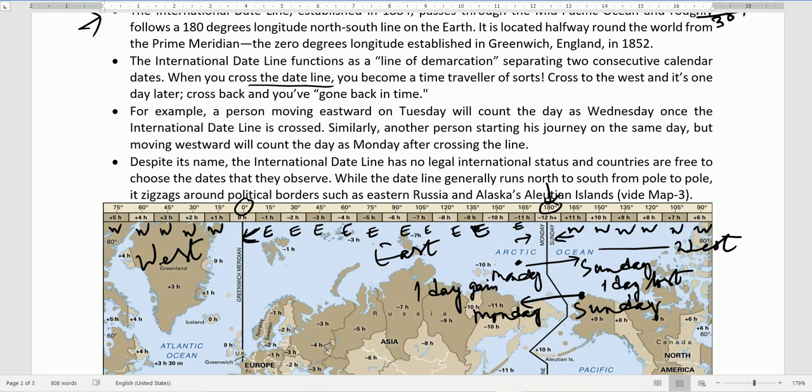And in the first case, you are enjoying Monday at this place, and when you cross the international dateline towards the west, it becomes Sunday. That means 1 day is lost. You are going back in time.